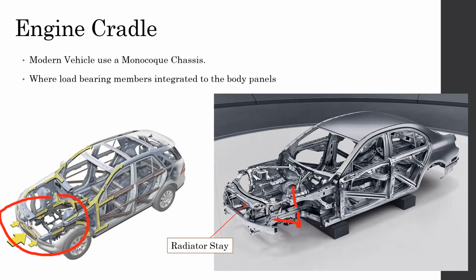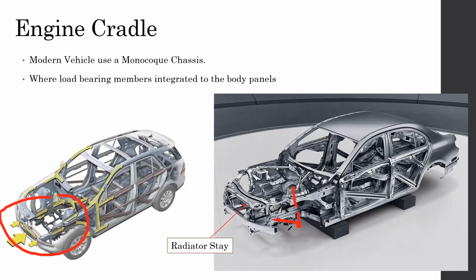So if you dismantle the subframe from underneath, you will be releasing the engine, gearbox, as well as the lower suspension mounts, because the lower suspension mounts are mounted to this engine cradle.